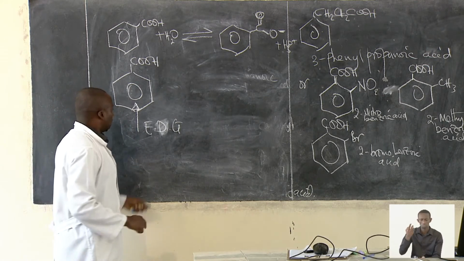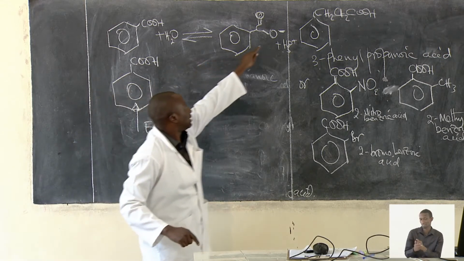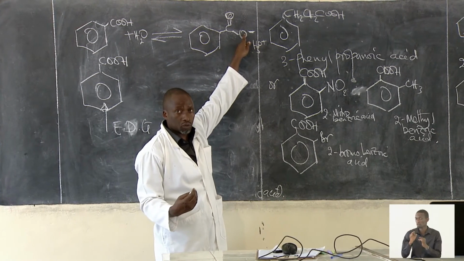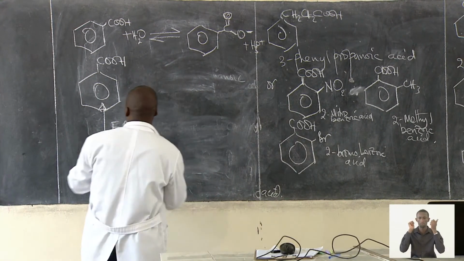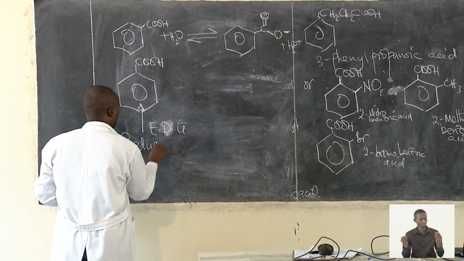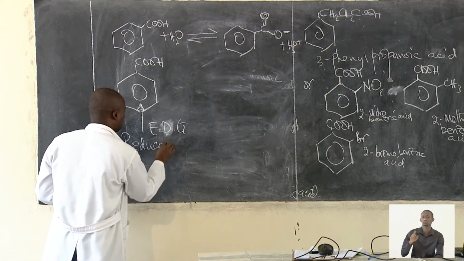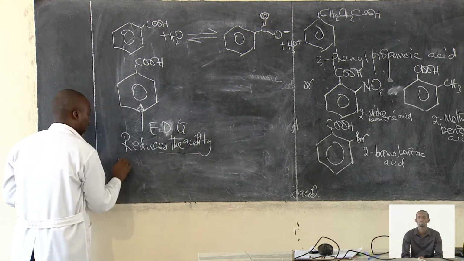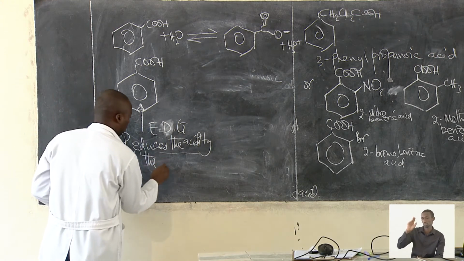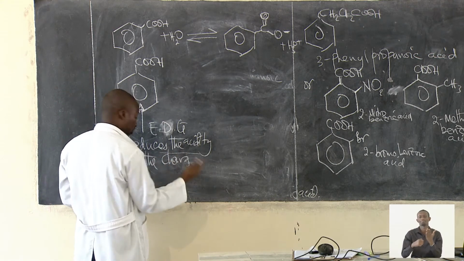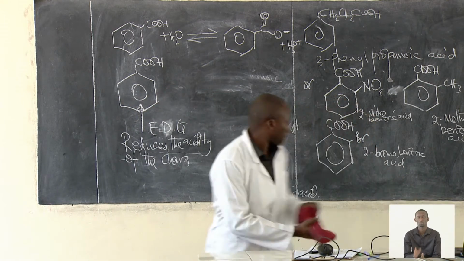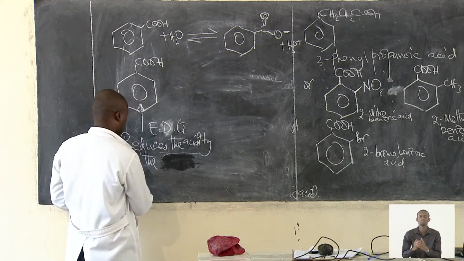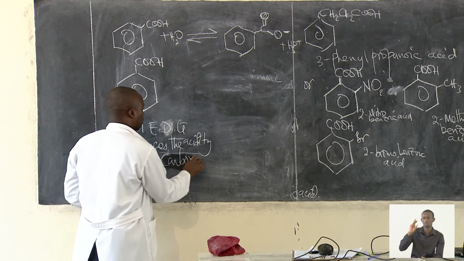That means this one will destabilize the anion. And once the anion is destabilized, it means this one reduces the acidity of the carboxylic group, the whole compound. We are not talking about the charge.